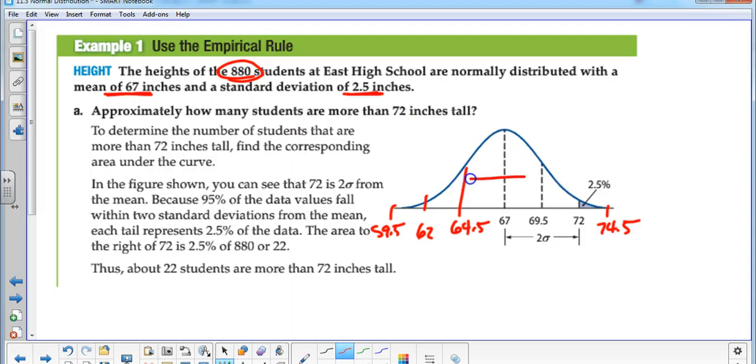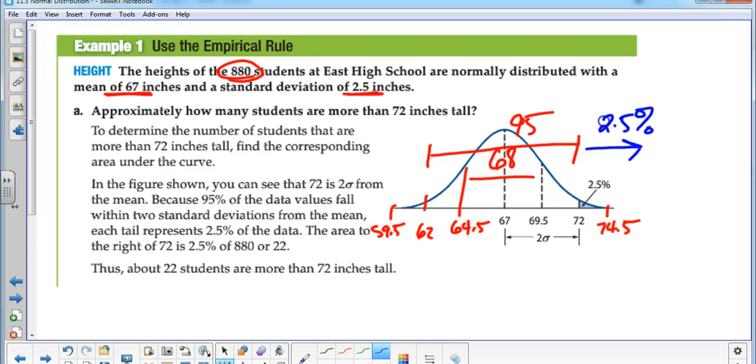Remember how it went? This was what percent? 68. If you go out 2, you're at 95. Now, if you're at 95 within 2, but you want everybody who's above on this end, 95 from 100 is 5%. So there's 2.5 up here and 2.5 down here, right?